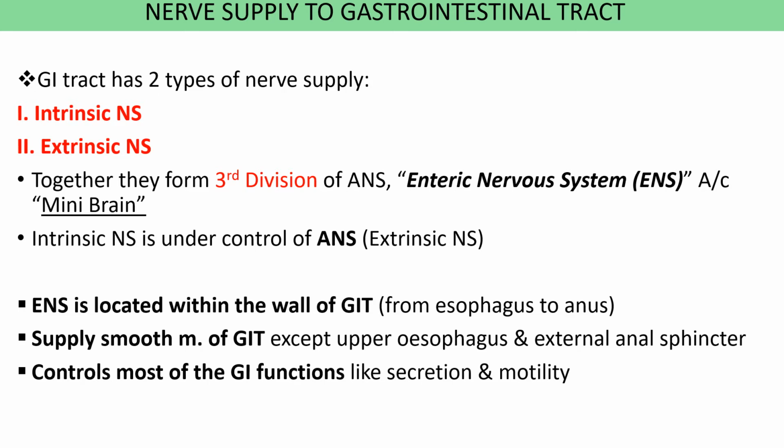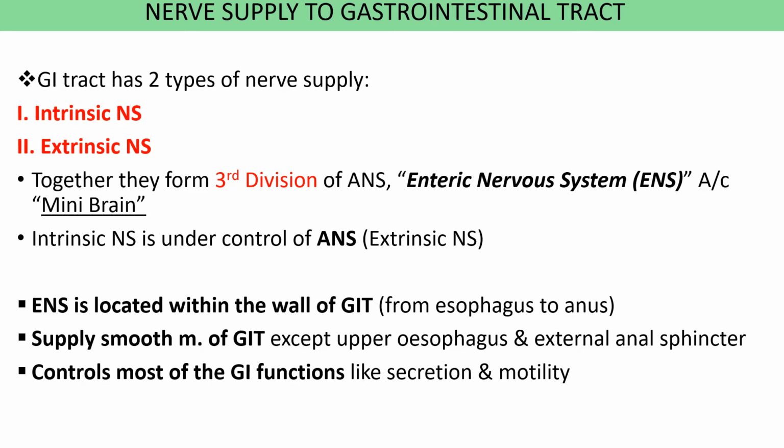The intrinsic nervous system is formed by the nerve plexuses which are locally present in the GI musculature, that is the Meissner's and the Auerbach's plexus. They both constitute the intrinsic nervous system, and it is under the control of the autonomic nervous system.